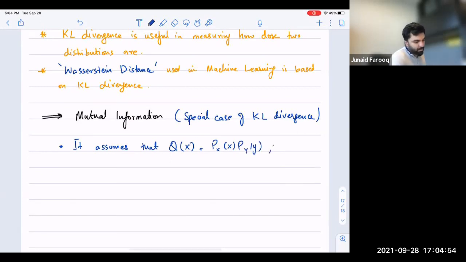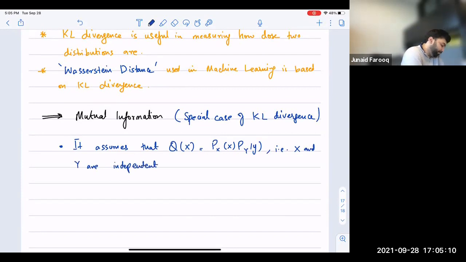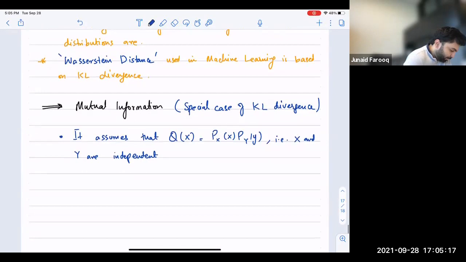Right, so that means that X and Y are independent.